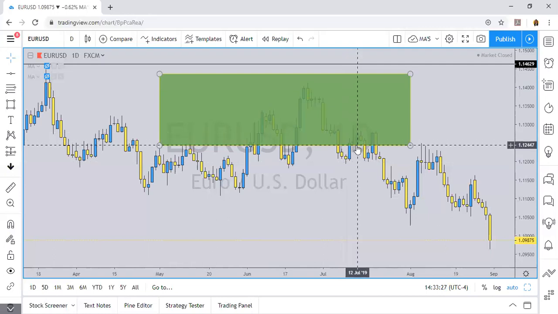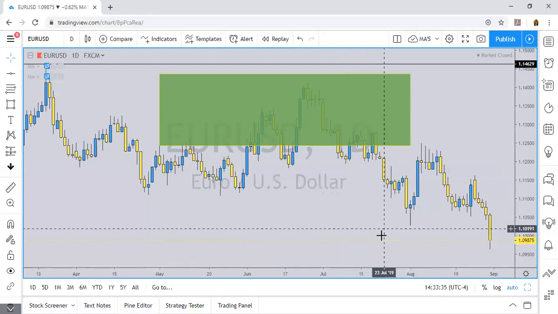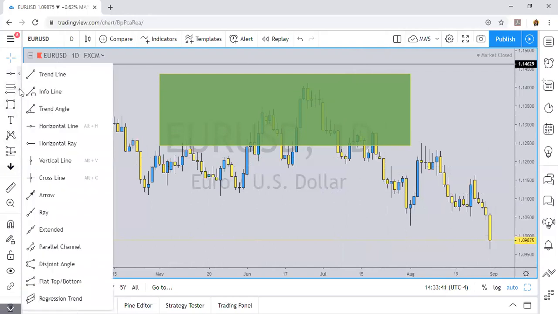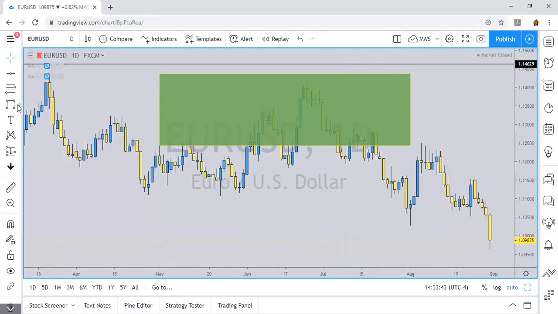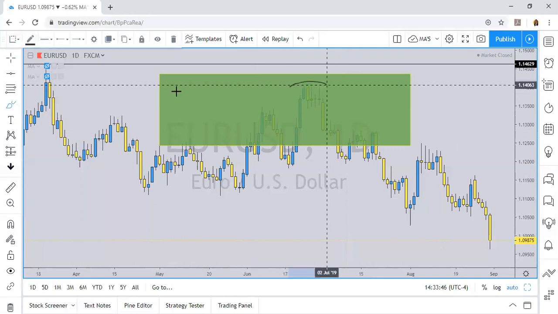Gave us our higher low here. And then as you can see, moving down below, we have a continuation of our lower points. So what I'm going to do is actually just draw this out for you here.